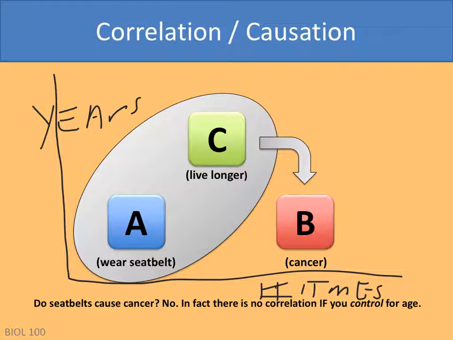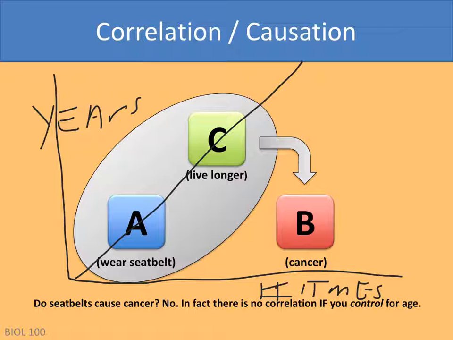And you can see that seatbelt use and living longer are correlated, okay? In fact, we can say that probably seat belts cause you to live longer. We'd have to do an experiment to prove that that's the case, but it certainly makes logical sense.